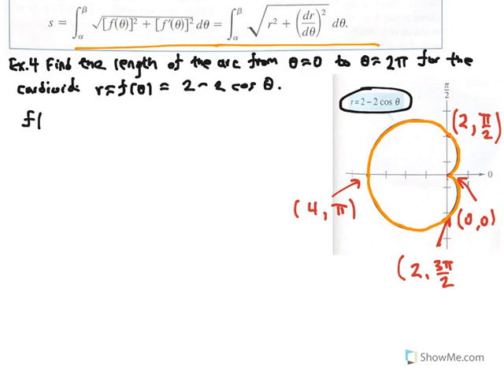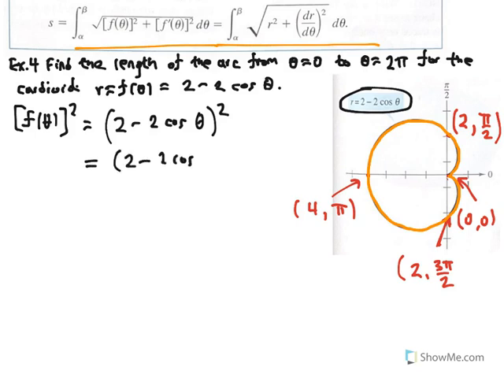So squaring f of theta, how do you do that? You have to use FOIL. So squaring f of theta is just taking 2 minus 2 cosine theta and squaring it. So that's going to give you 2 minus 2 cosine theta times 2 minus 2 cosine theta. So when you multiply the first terms, you get 4.